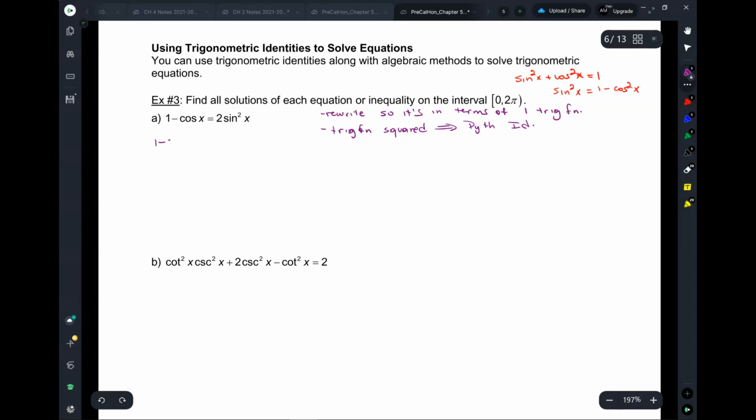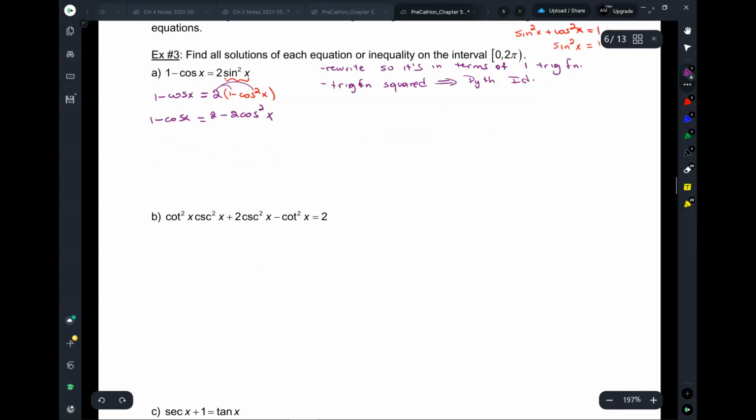So 1 minus cosine x is equal to 2 times 1 minus cosine squared x, right? We substituted that. Okay? Now, for a little while, the trig part will be over, and I'm going to do some algebra. Distribute. 2 minus 2 cosine squared x.